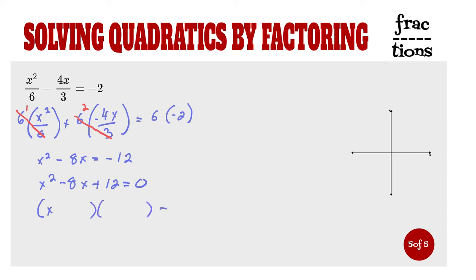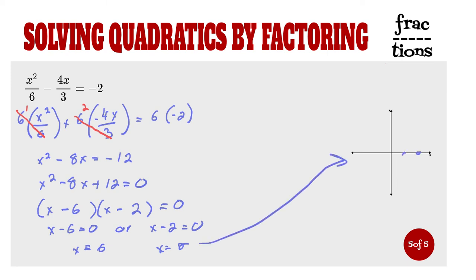Two numbers that multiply to 12 but add up to negative 8, which would be negative 6 and negative 2. Set each side to 0. And your two solutions are 6 and 2. And again, one more time, you are finding the x-intercepts.